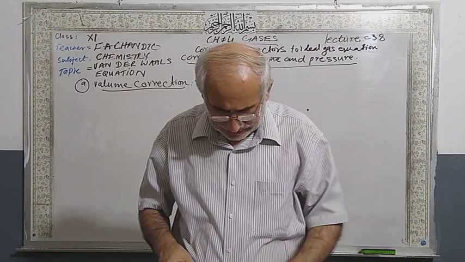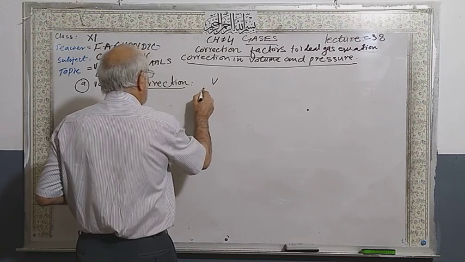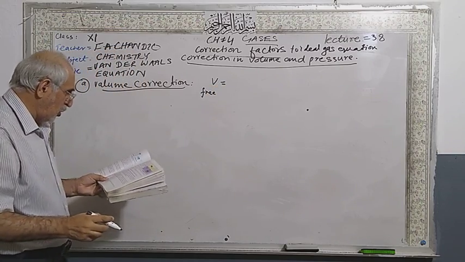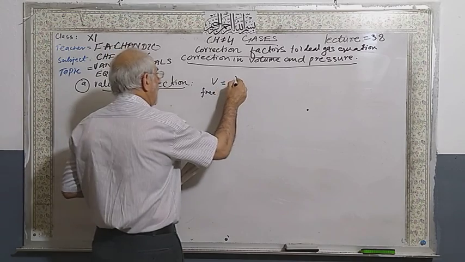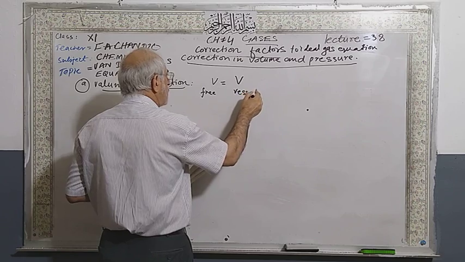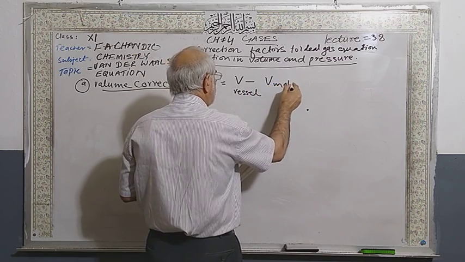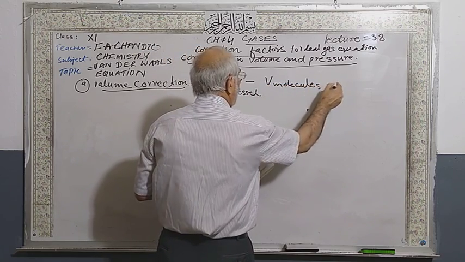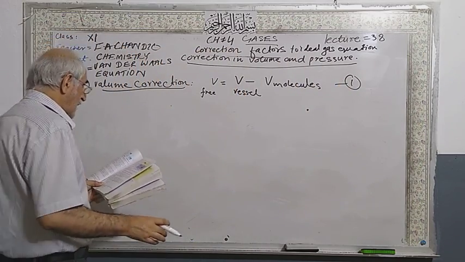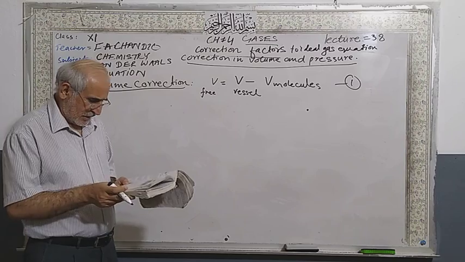Here the equation is given in your book. This V is the free volume of the gas, and this V is the volume of the vessel container minus the volume of the molecules. Free volume is equal to the volume of the vessel minus the volume of the molecules of the gas.